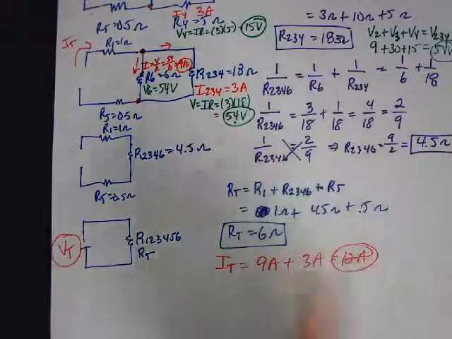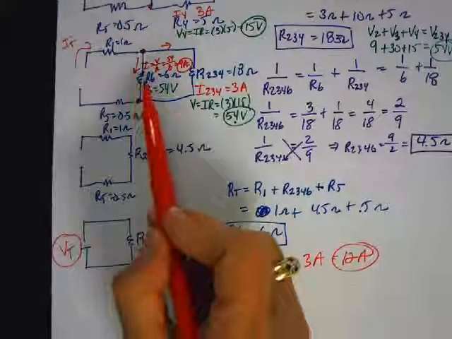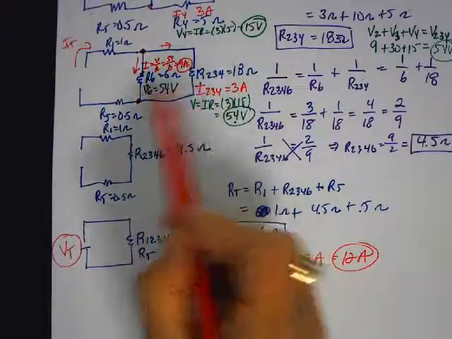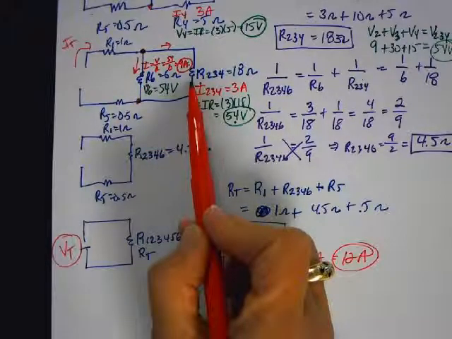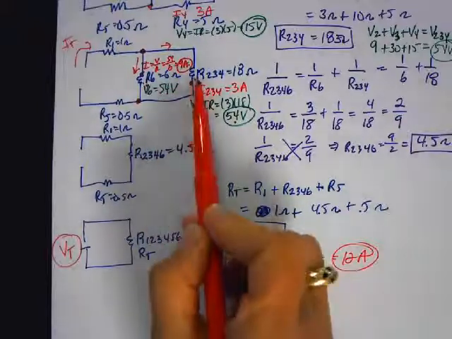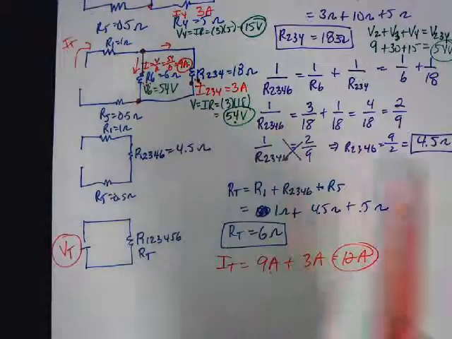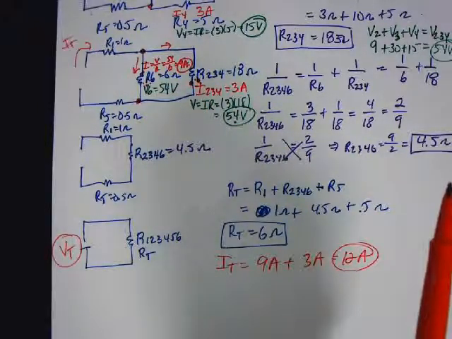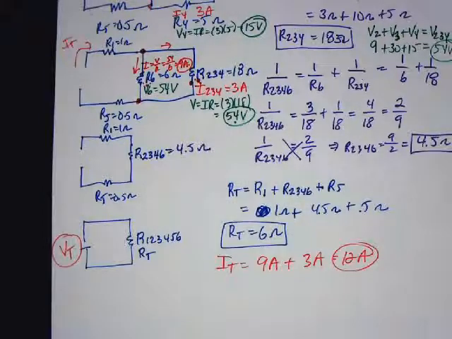There's another way I could get that 12 amps. This resistor and this resistor were added in how? How were these 2 resistors added? Parallel. What's the same in parallel? The voltage.